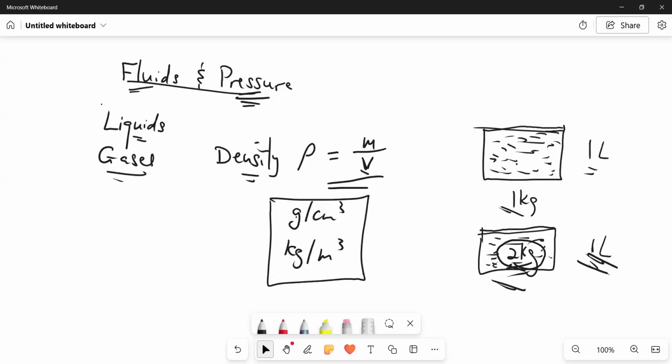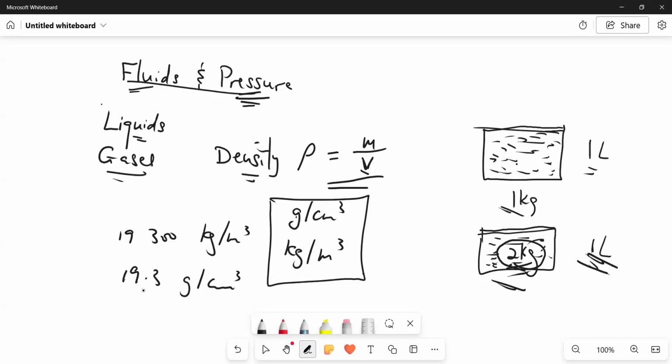And did you notice gold? Gold has a density of 19,300 kilogram per meter cube. If I were to express this, I think it will be 19.3 grams per cm cube.